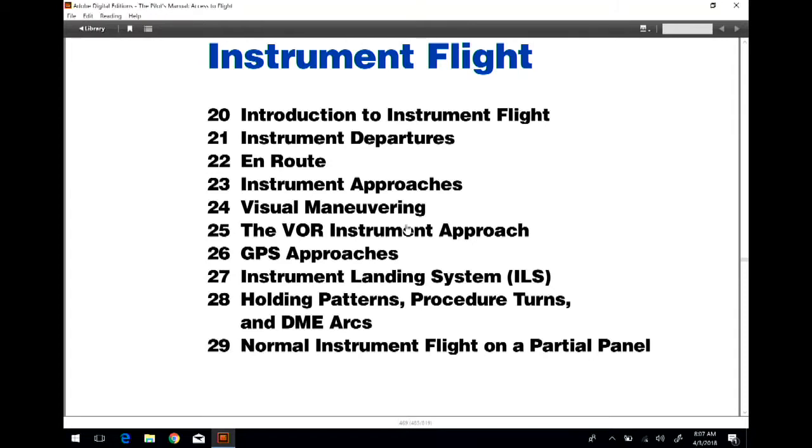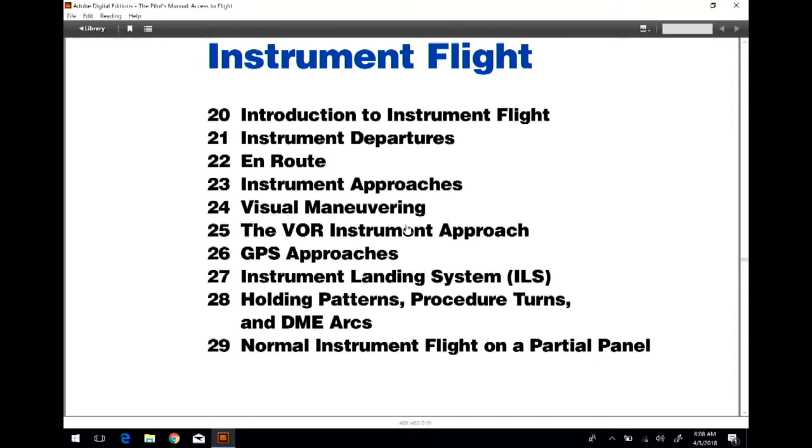We're going to be talking about the introduction of instrument flight today, because I want everyone to have a full understanding of exactly what we're going to be covering as we round out the balance of the month, and then everything from there is going to be test prep for the private pilot written knowledge exam and the instrument rating knowledge exam.